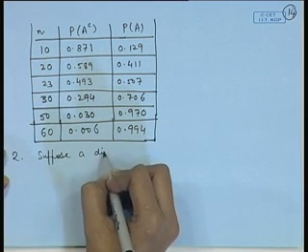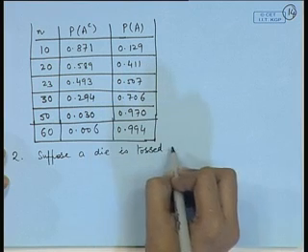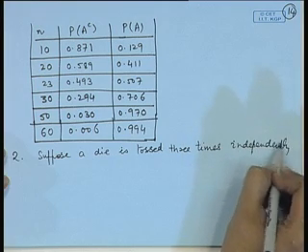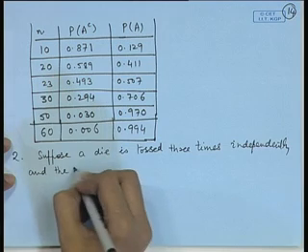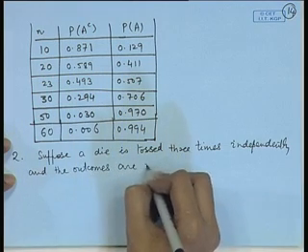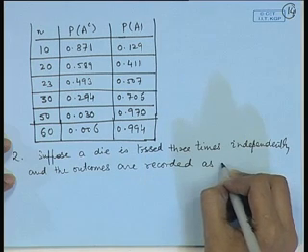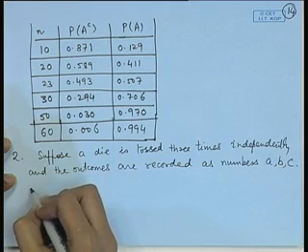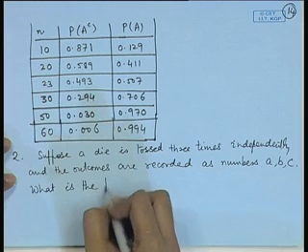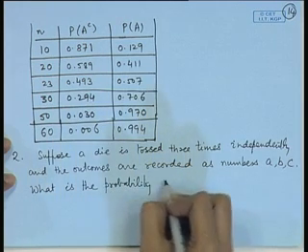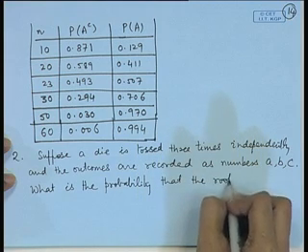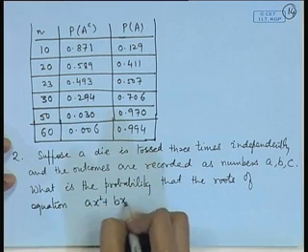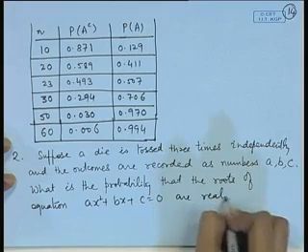Suppose a die is tossed 3 times independently and the outcomes are recorded as numbers A, B and C. What is the probability that the roots of the equation ax square plus bx plus c equal to 0 are real?